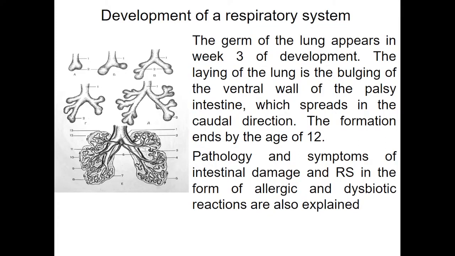Pathology and symptoms of intestinal damage and respiratory system in the form of allergic and dysbiotic reactions are also explained. As a result, we can make a conclusion: congenital lung malformations can completely restore by the age of 12.